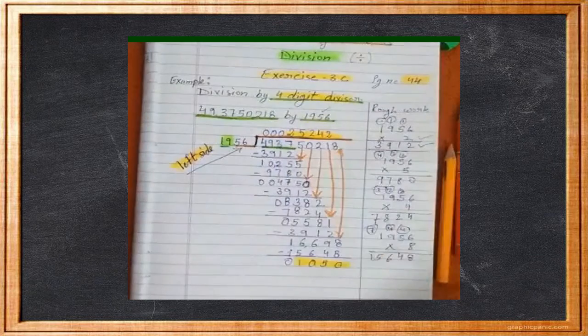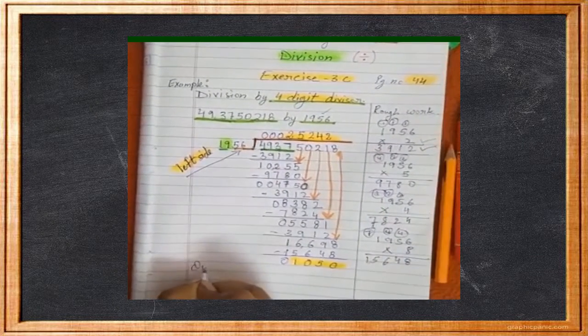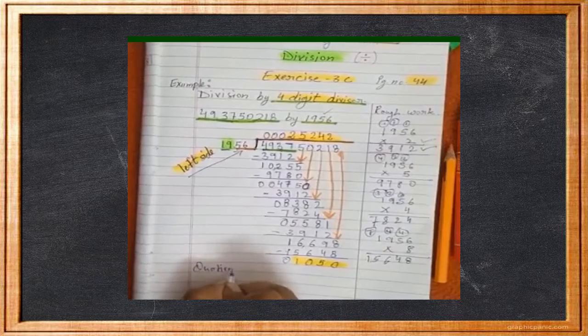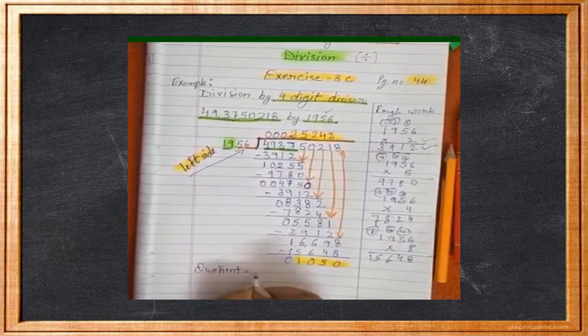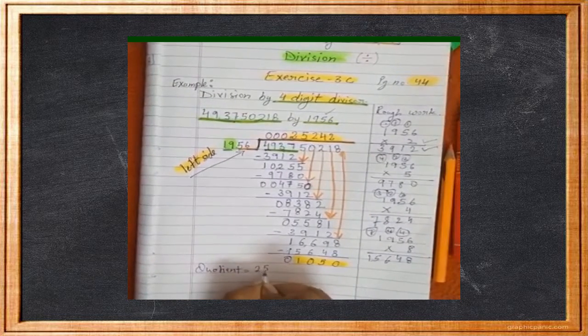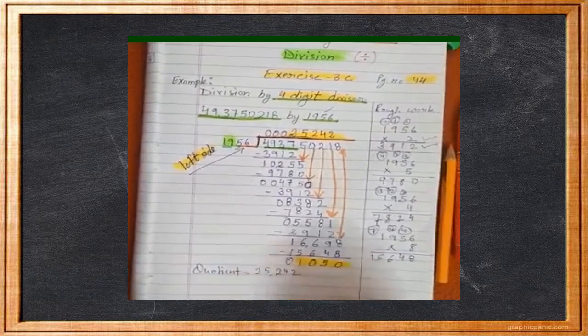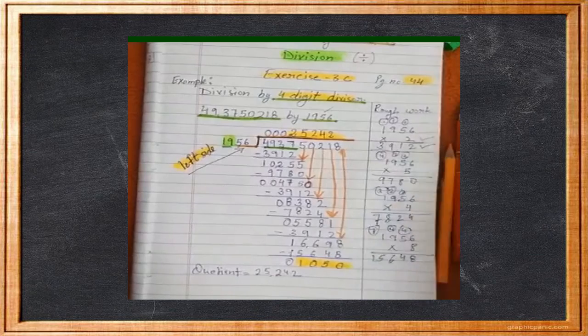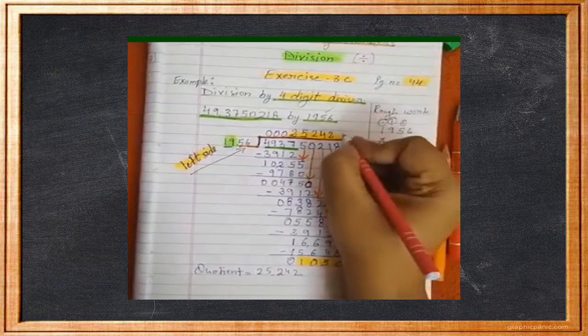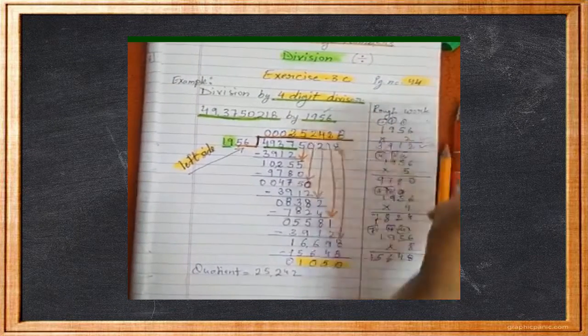So what is your quotient, children? Quotient is equal to 25,242. Sorry, we have to write 8 also here, children. We missed it, 8 here.